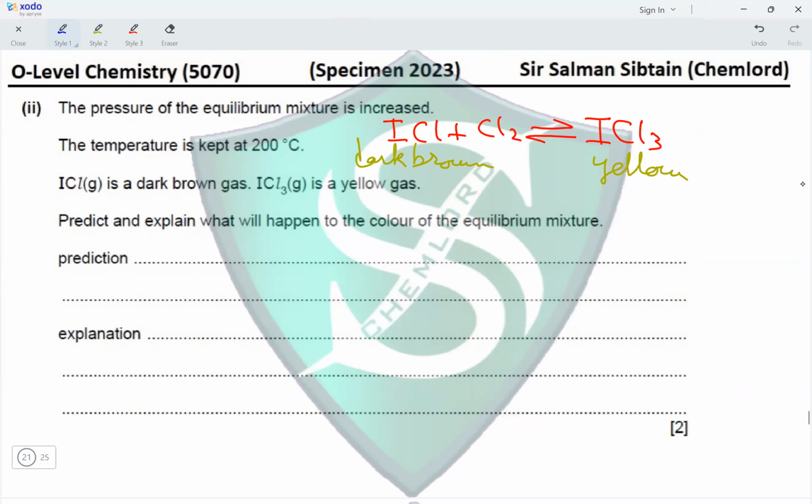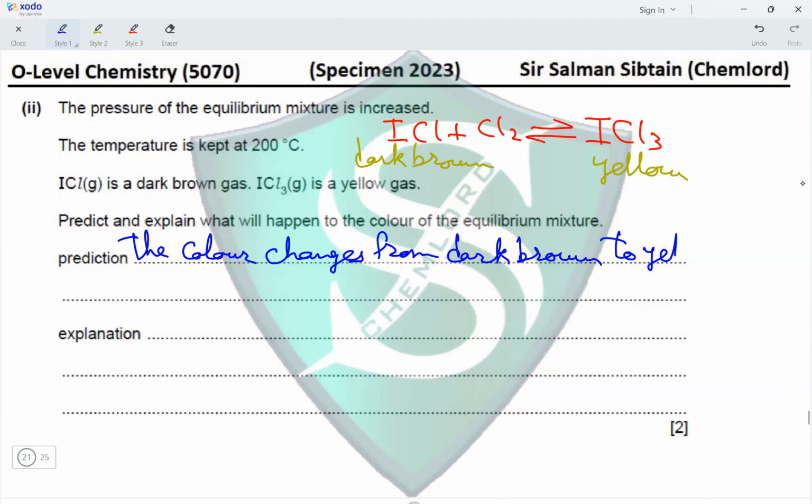So now what they have asked us is to predict and explain what will happen to the color of the equilibrium mixture. So if the equilibrium is moving in the forward direction, the color changes from dark brown to yellow.